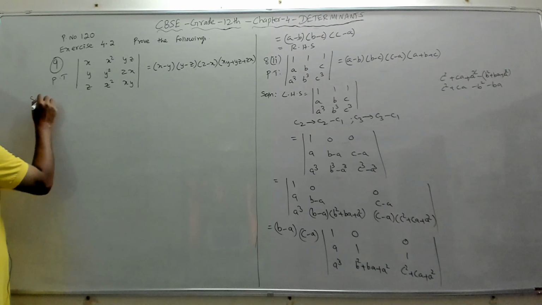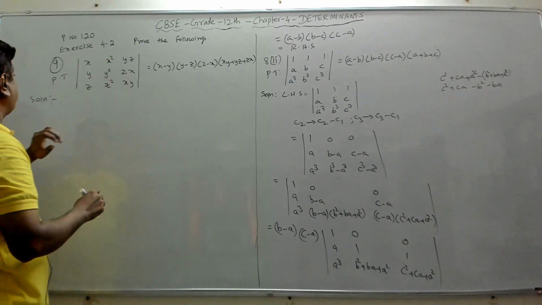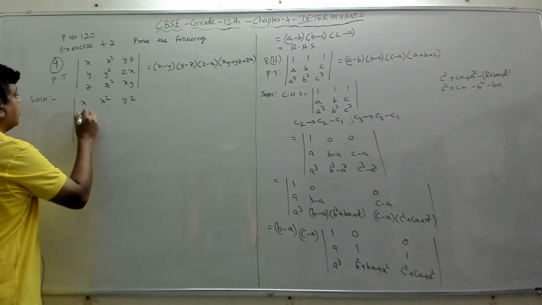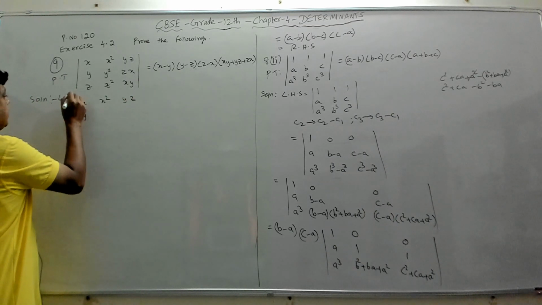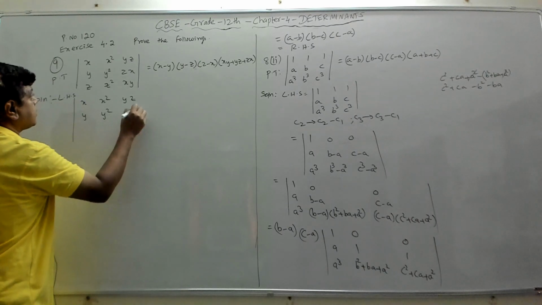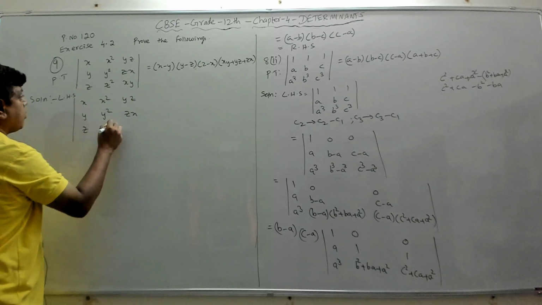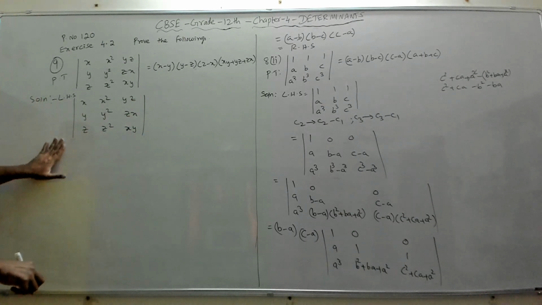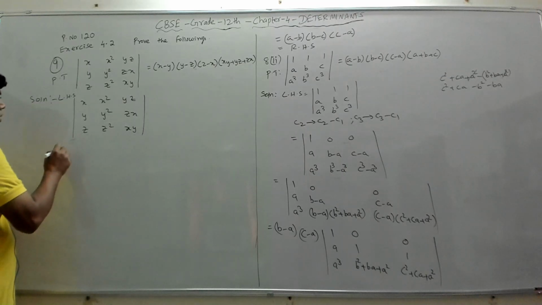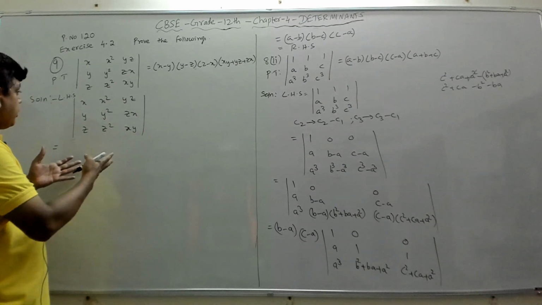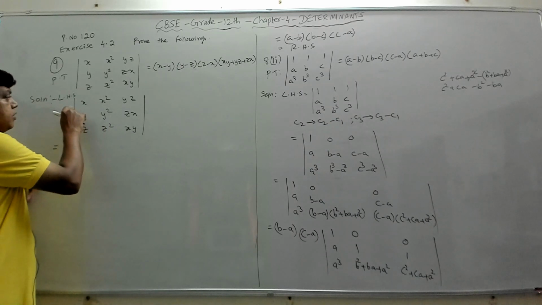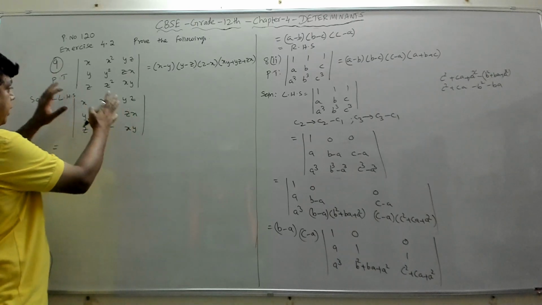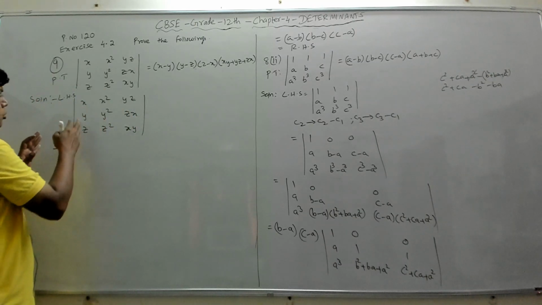So solution. Again, we'll take this determinant of x, x square, yz, y, y square, zx, z, z square, xy, which is our LHS, left hand side. Now again, if we observe, we will try to see if we can add all of them, and if any row or any column has the same element, then we can take that out of the determinant, so that it will become 1 1 1.